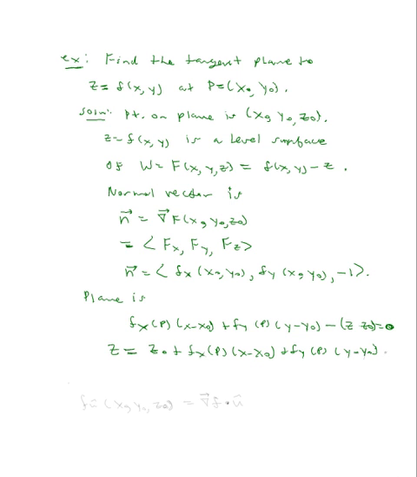And that's an equation for our tangent plane. We can see that this is pretty much a direct extension of the tangent line that we found in Calculus 1. It has the same form.